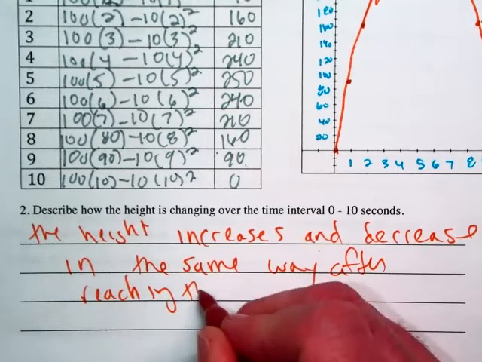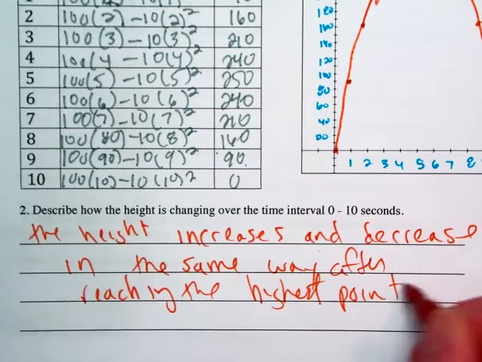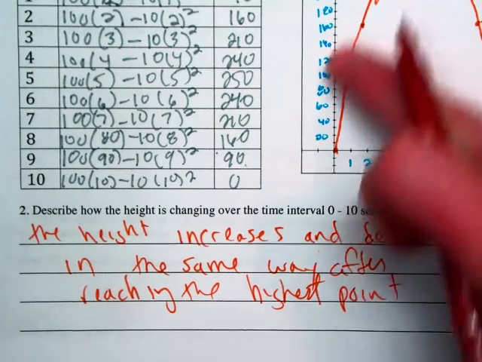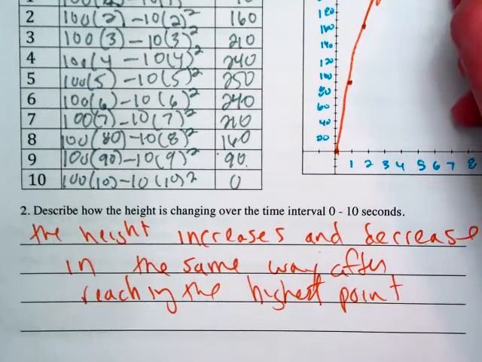So it increases and then decreases, kind of in the same way after it reaches this high point way up there. You can see my graph, yeah, like way up there you can see that's a high point, and then it seems to repeat. What's the height at 3 seconds and 7 seconds?